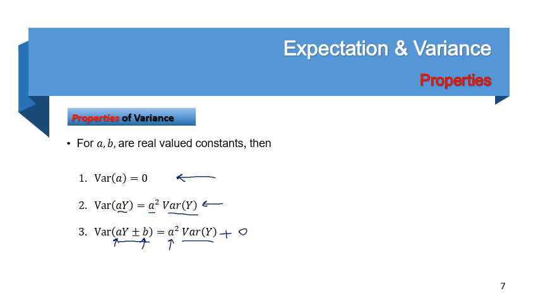So these are important properties because I can give you a problem, and as you will see in our examples, to get the variance for a whole equation, a number multiplied by y plus or minus another number, and you have the information about the variance of y.